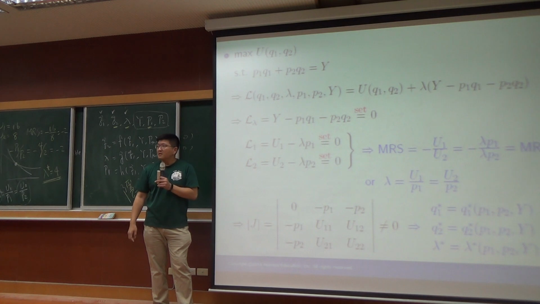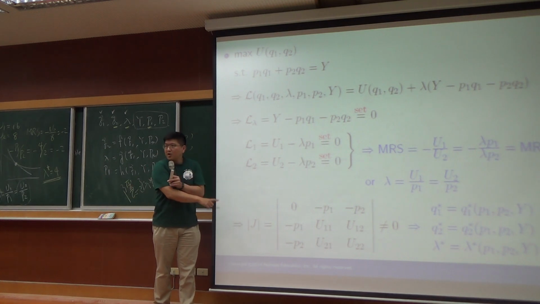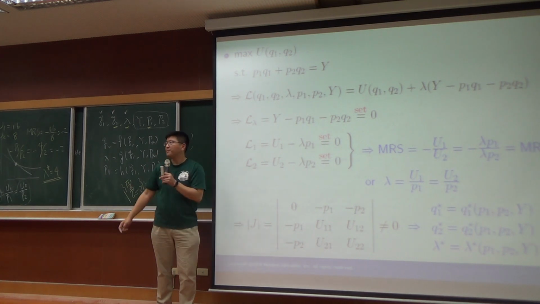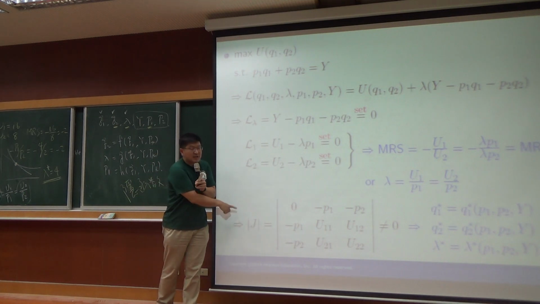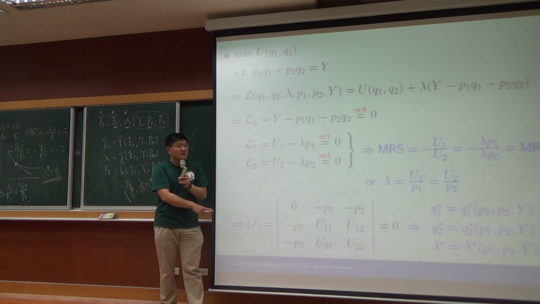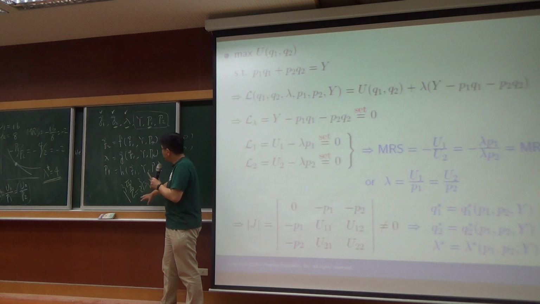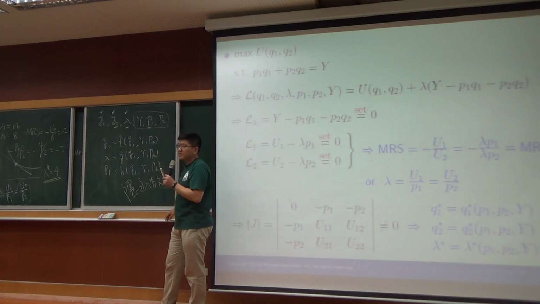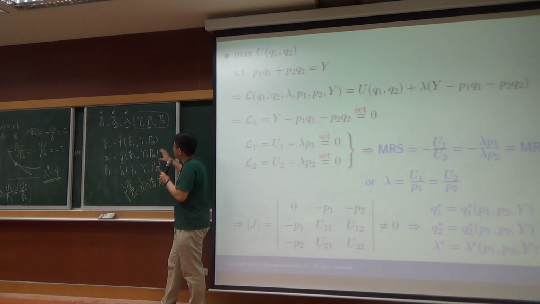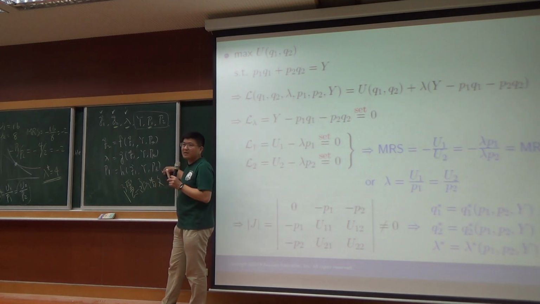Just make sure that the Jacobian doesn't equal 0. Whenever you satisfy this premise, then you may do something by the implicit function theorem. But we economists don't do that because given this, we cannot tell a meaningful story.